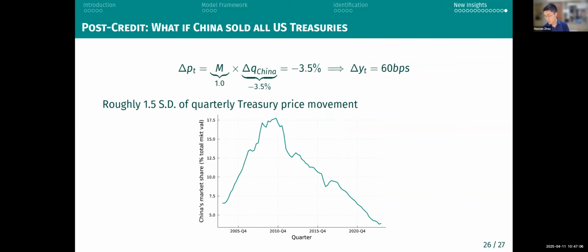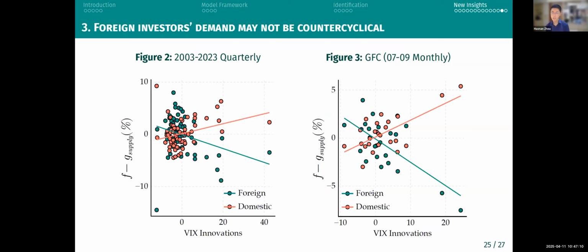I'm just going to conclude my presentation by showing you two pictures. So one picture is that these foreign investors' demand is very clearly illustrated from the standpoint of using some scatter plots.